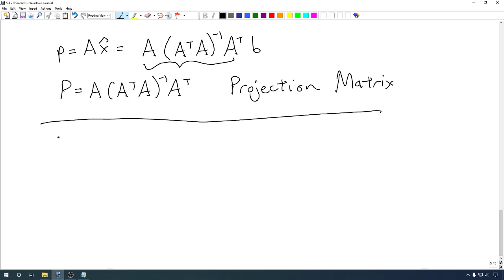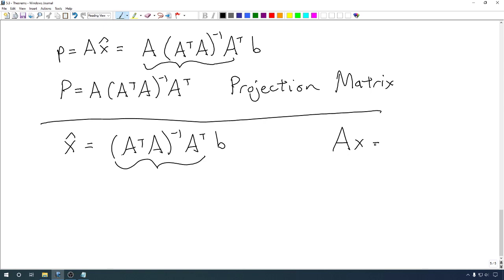The other thing we might want to talk about is that since x hat is found by multiplying b by, let me just write it down here, x hat is A transpose A inverse A transpose B. We basically find x hat by multiplying b by this matrix here. Then it's almost like what we've done is solve a square system.